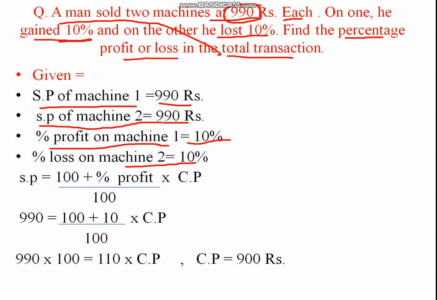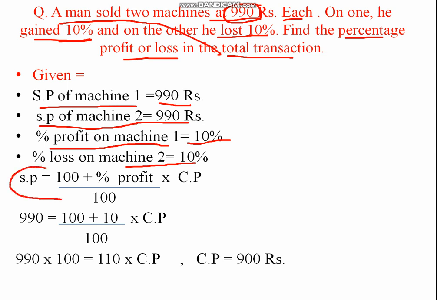So we know the selling price of both the machines. To find the percentage profit or loss, we must know the cost price of both the machines. If we know the cost price, then we can find the loss or profit. We know that if SP is known and percentage profit or percentage loss is known, then we can find the CP by using this formula.